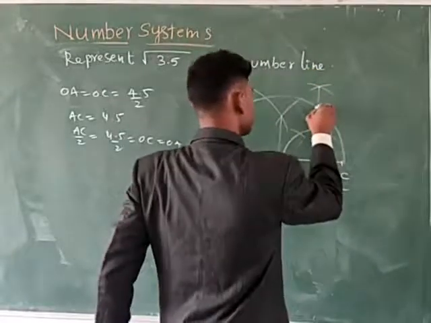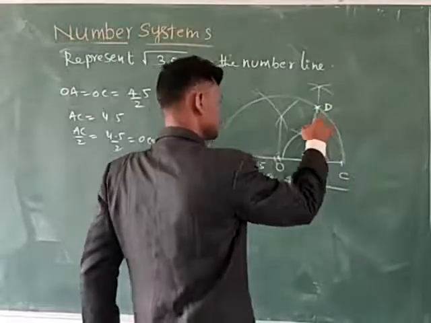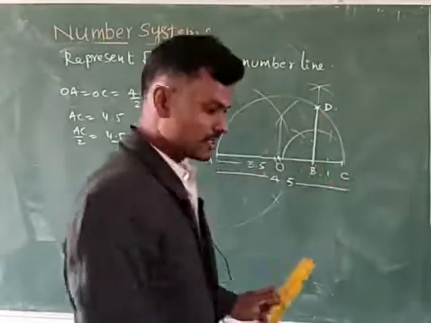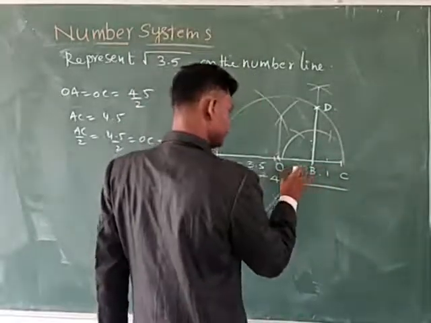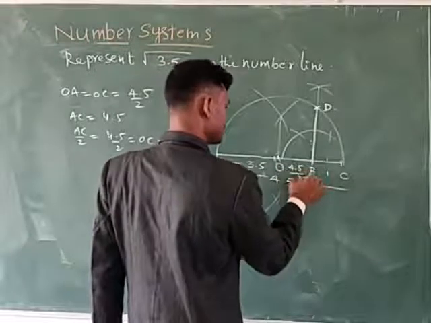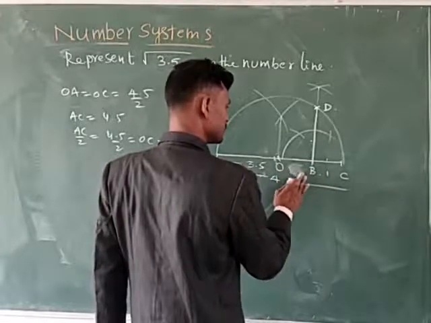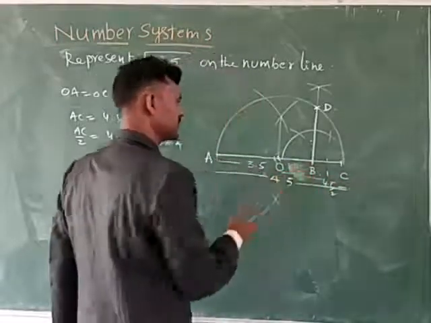Where it intersects this line is D, then BD is perpendicular to AC. Now this is 4 plus 1 by 2, that is 4 plus 5 by 2. This is OC. OC is equal to 4 plus 5 by 2. Now we have to find OB.